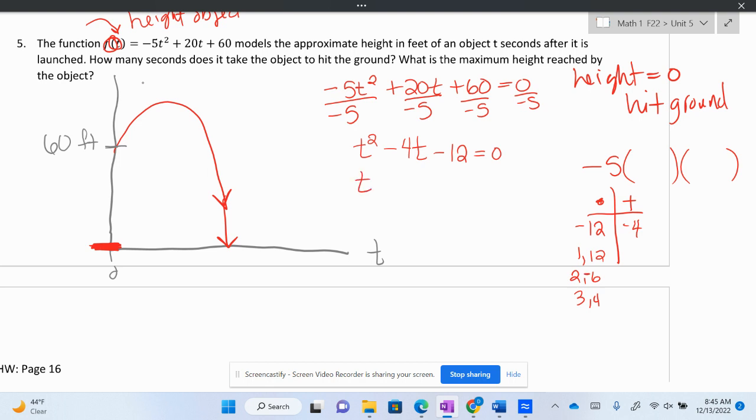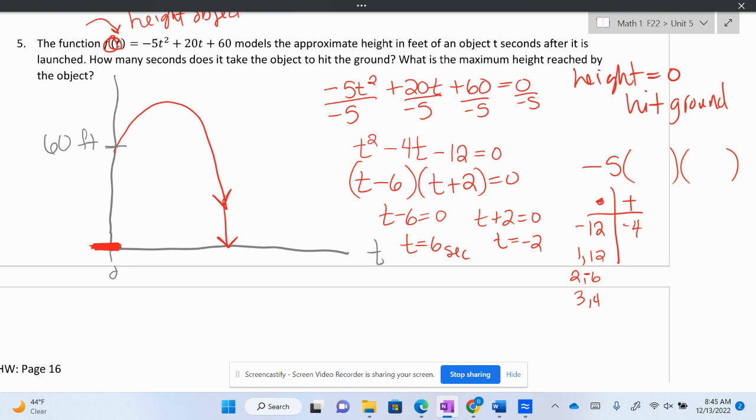So that factors to t minus 6 times t plus 2 equals 0. Since this equals 0, t minus 6 equals 0 or t plus 2 equals 0. When I solve, I add 6 to both sides, which means my time is 6 seconds or my time is -2 seconds.